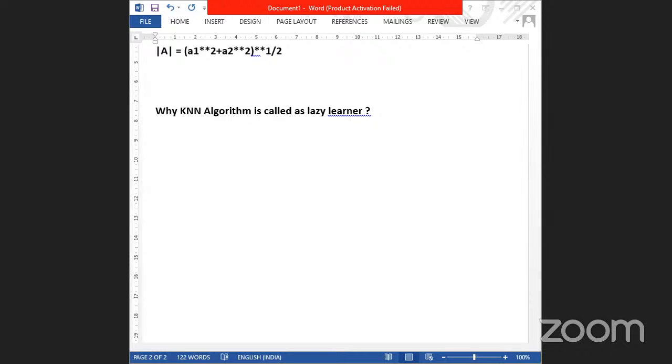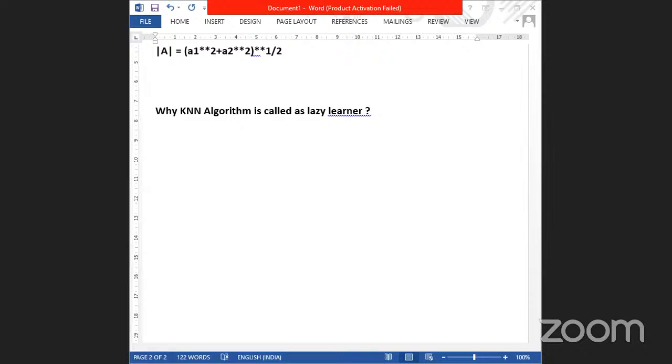It is called a lazy learner algorithm because it does not learn from the training data set immediately. Instead, it stores the data, and at the time of classification it performs an action on the data set.